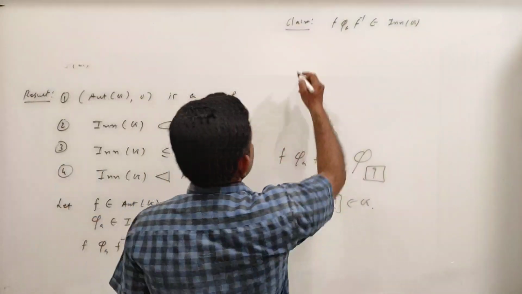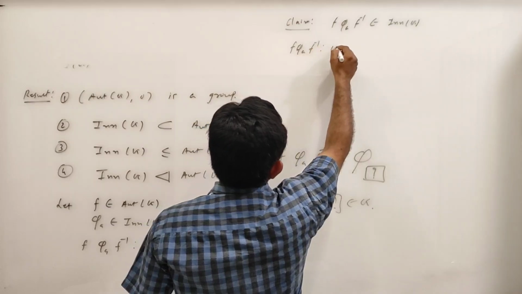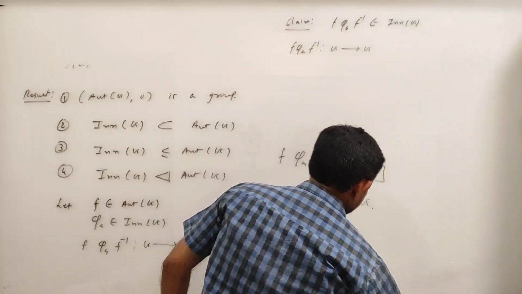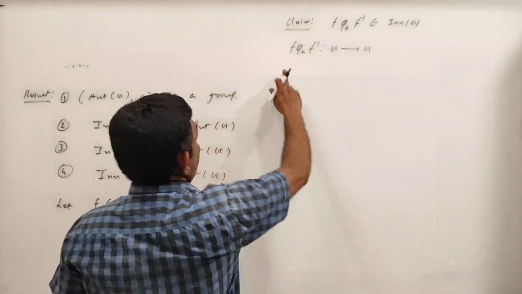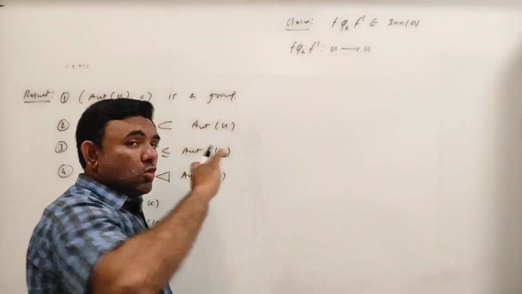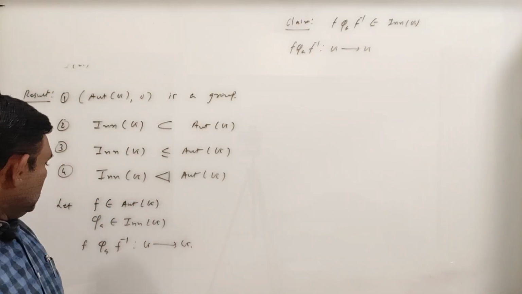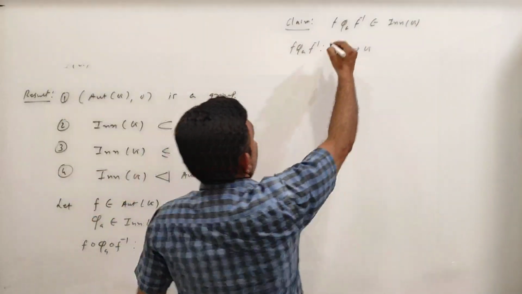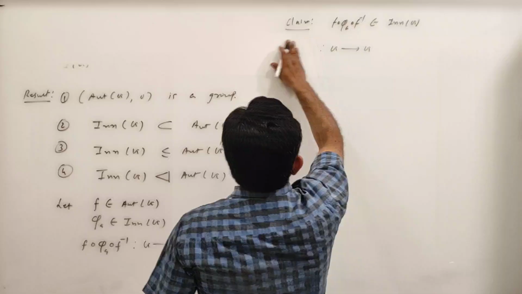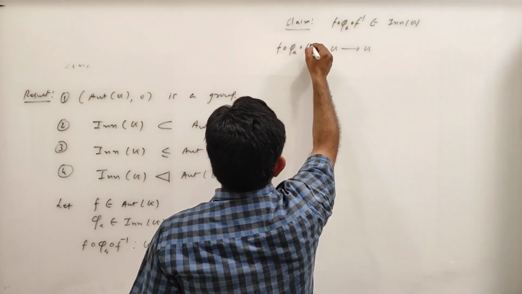Okay, so to show this, first of all, F phi A F inverse is a mapping from G to G. Now F, phi A and F inverse are all automorphisms, so the composition is also an automorphism. Actually it is composition O, right? But I am not writing it here. So let me write F O phi A O F inverse.